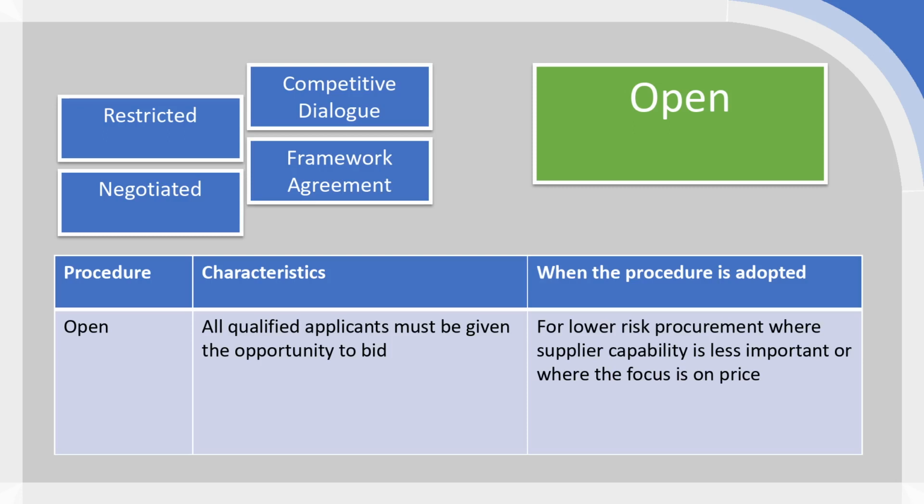It's useful when there's a relatively low risk procurement process, so you don't really have much concern around supplier capability, or suppliers have well documented evident capability to fulfill the contract, and or when the focus is primarily on price. As well as price, it could be another single metric being measured, where the majority of the criteria is located.